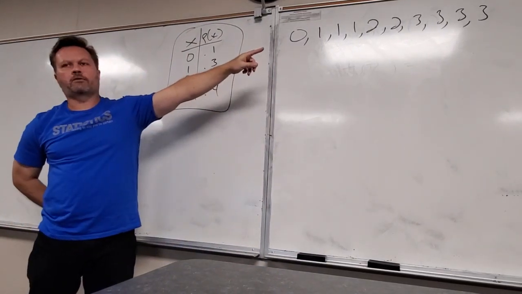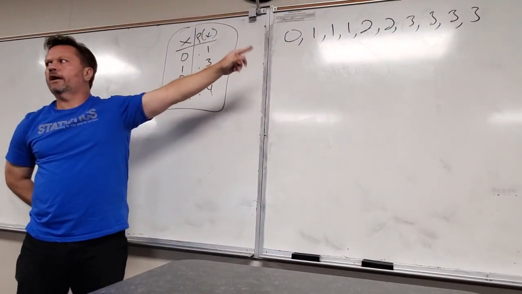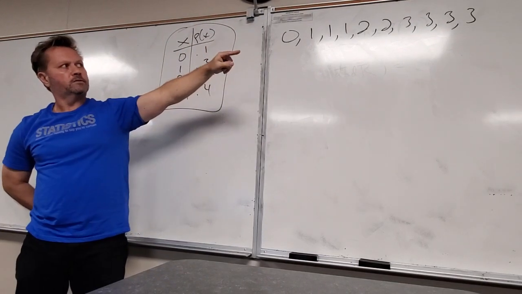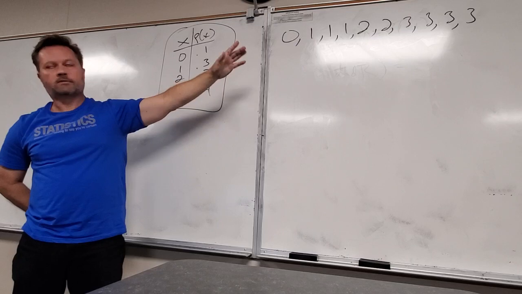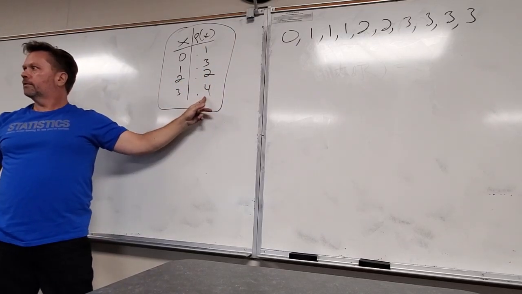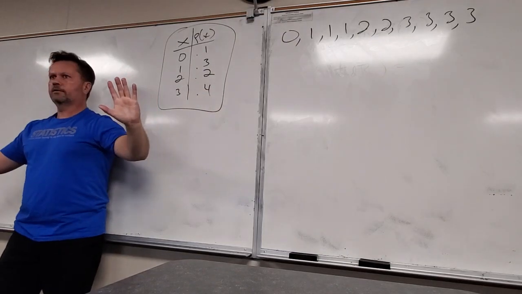How many of the numbers are 3? Out of how many total numbers? 10. So 4 divided by 10 is 0.4. See? You guys with me?